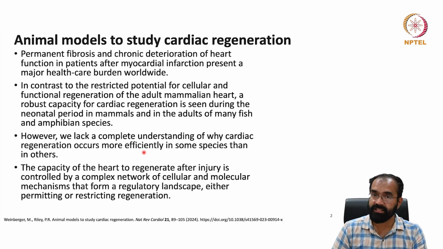Why so? The capacity of the heart to regenerate after injury is controlled by a complex network of cellular and molecular mechanisms that form a regulatory landscape, either permitting or restricting regeneration.